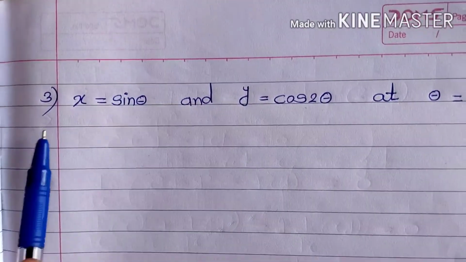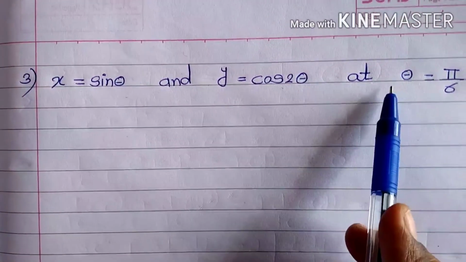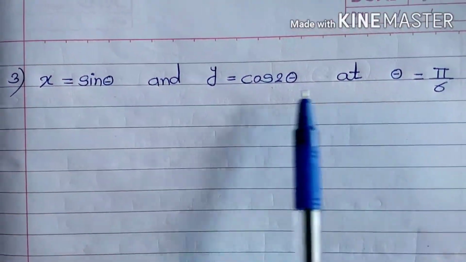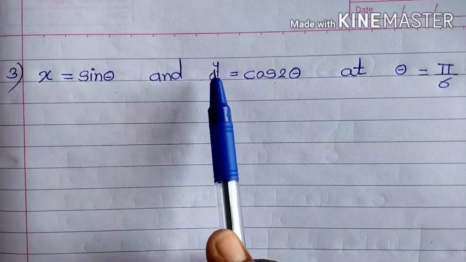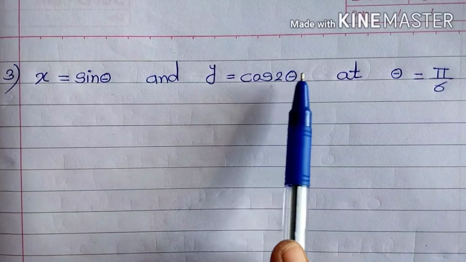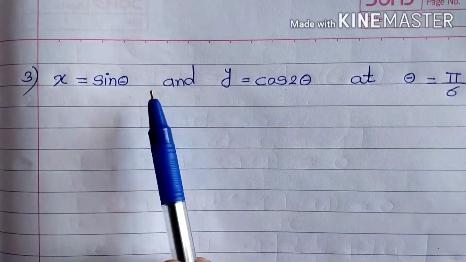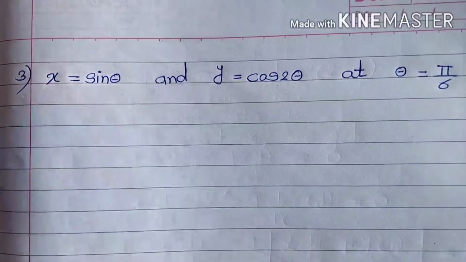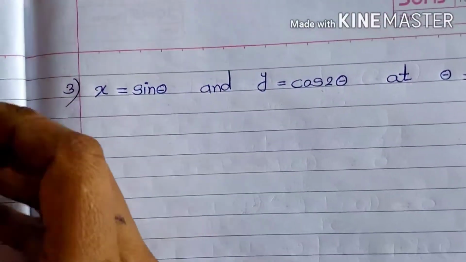Now the next example is x equal to sin theta and y is equal to cos 2 theta at theta equal to pi by 6, and the same, we have to find the equation of tangent and equation of normal. Students, note that here the point is not given. So first you have to find the point with the help of the given expressions for x and y.